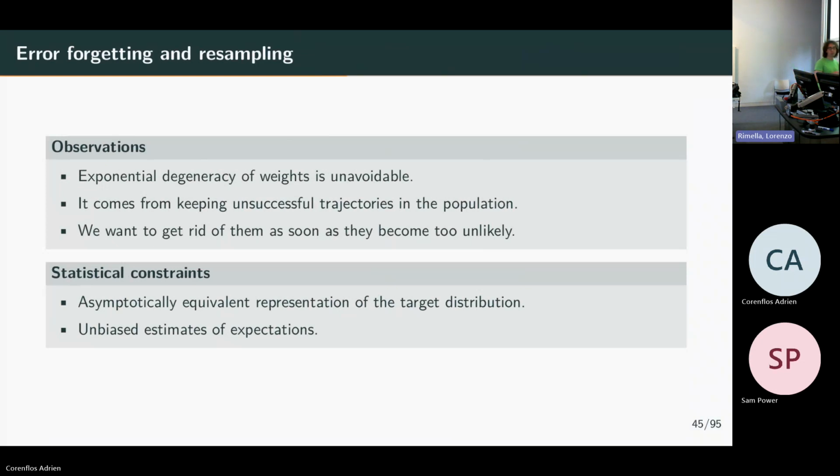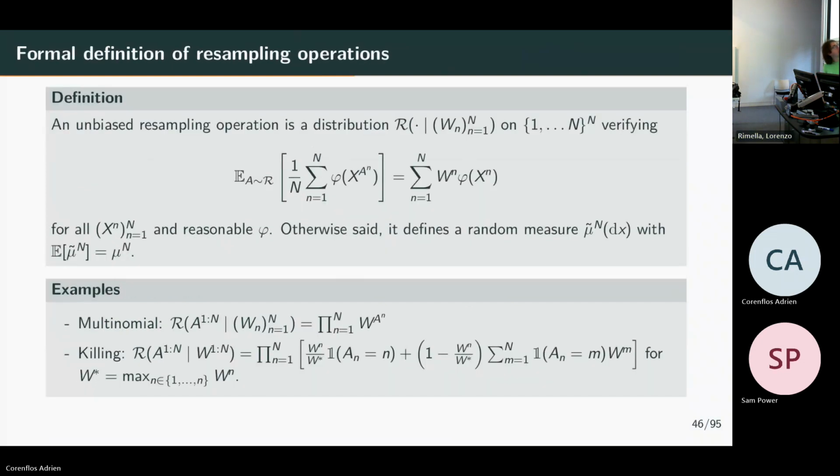So we want something that is asymptotically equivalent, something that actually converges to the right target distribution, and also gives us an unbiased estimator of expectations, because that's something we use to then get the marginal likelihood, the normalizing constant, unbiased estimators. Okay, and we do that via resampling.